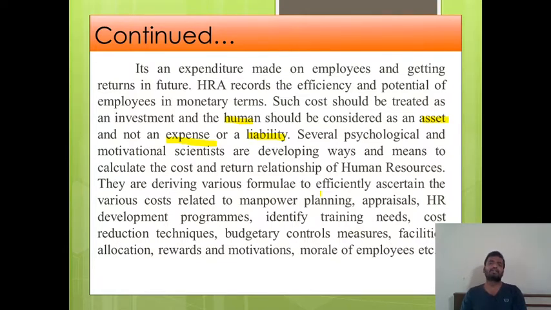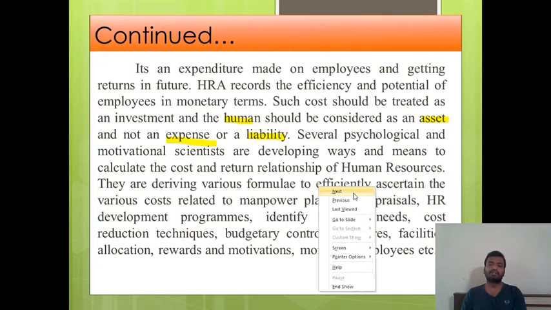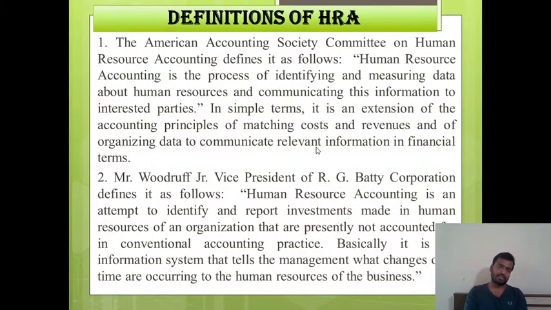Okay, so now let's move towards the definitions. There are different definitions available of human resource accounting. The very first definition we are going to see is of the American Accounting Society Committee on Human Resource Accounting.